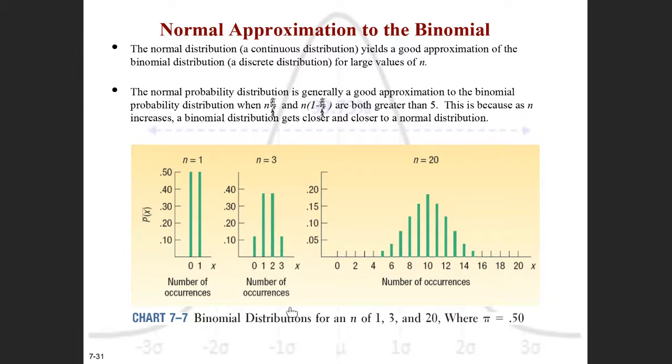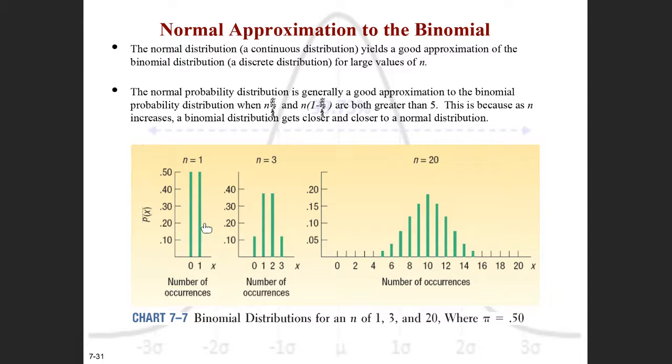So here we have binomial distributions with n of 1, 3, and 20. Where I believe that's supposed to be the variance equals 0.5. If you look at the first graph here, that doesn't really tell you anything.